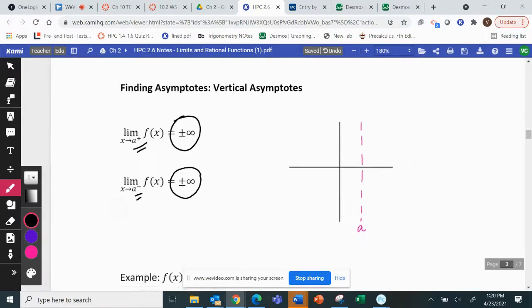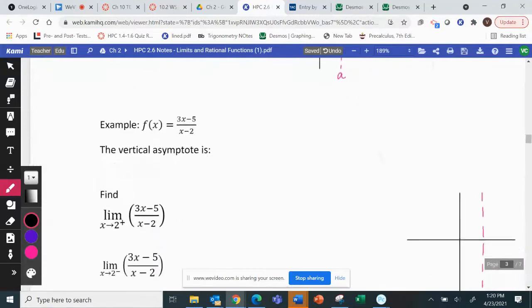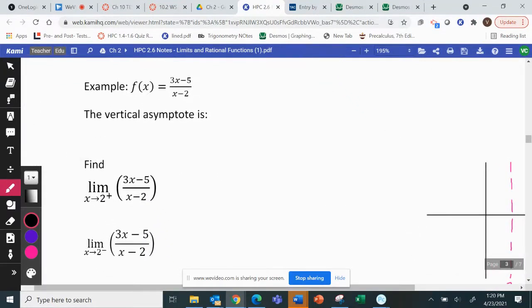And then here is an actual example where I can show it to you. If I look at this equation, 3x minus 5 over x minus 2, where's the vertical asymptote? What can x not equal?